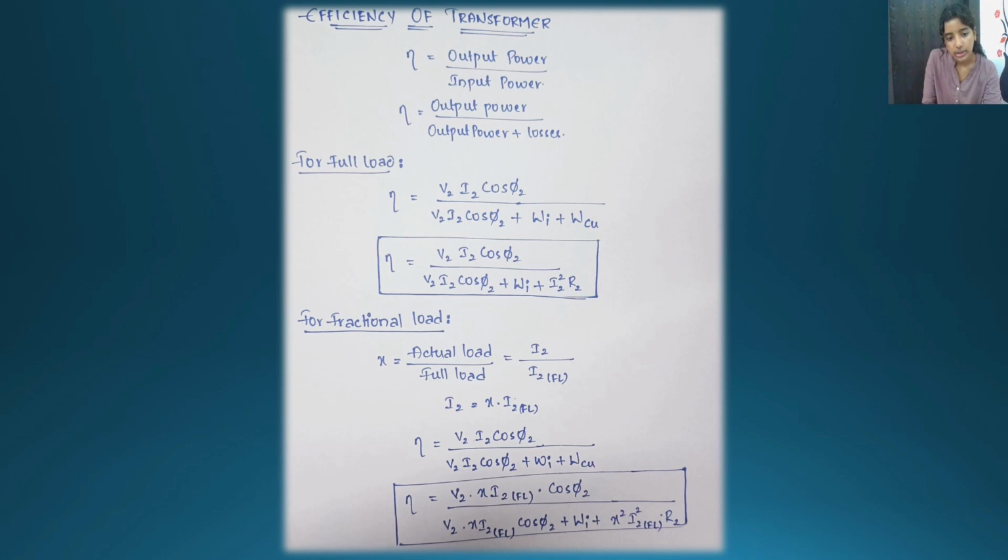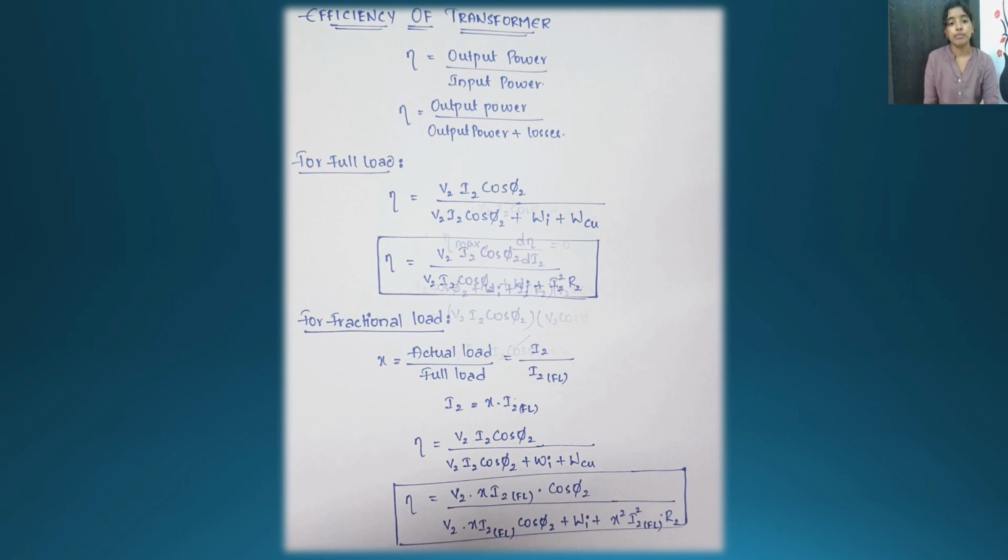In the same way, if we take the fractional load as X, then it is the actual load by the full load, which equals I2 by I2 at full load. So I2 becomes X into I2 FL. On deriving it and substituting this value of I2 in the efficiency equation, you get the final equation. That would be the efficiency of a transformer for fractional load.